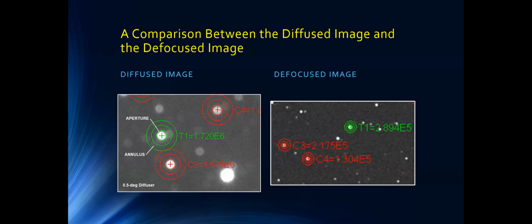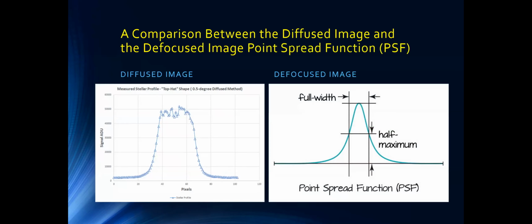We discovered a couple other features that the diffuser provides, which were detailed in the original paper also. Here's the difference in the point spread function for the 2 types of imaging. You can see that the diffused image, because of the engineered diffuser, provides this top hat shaped point spread function, where the standard defocused image is a standard Gaussian shape.